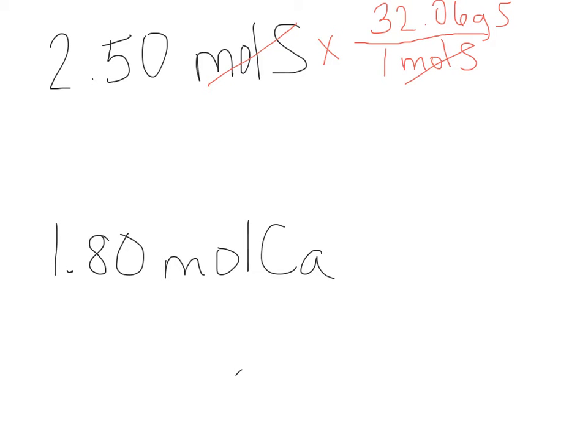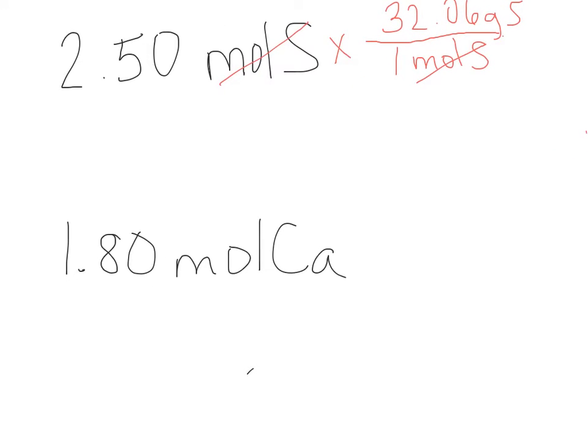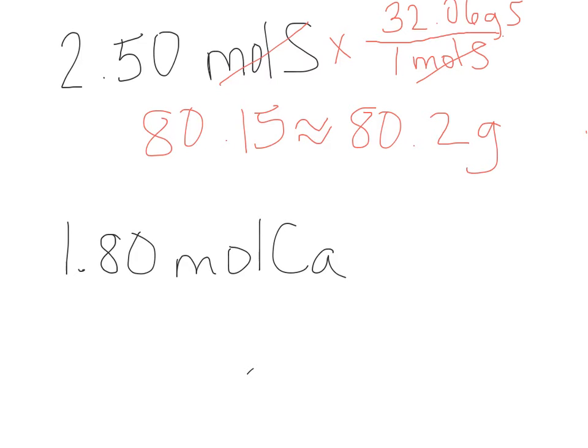We're left only with the unit grams of sulfur. You multiply 2.5 by 32.06. So when you multiply 2.5 by 32.06, that's going to give you 80.15. We'll round that off to 80.2. And we want to include our units, grams of sulfur.